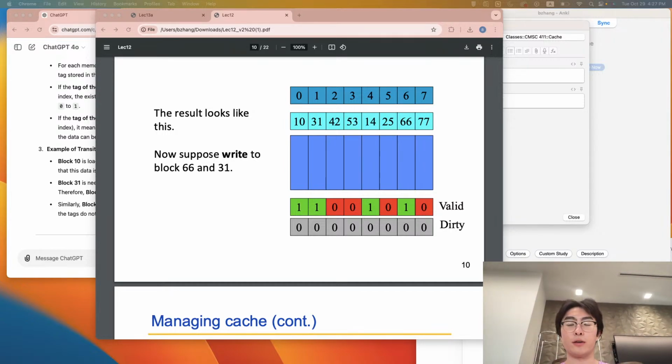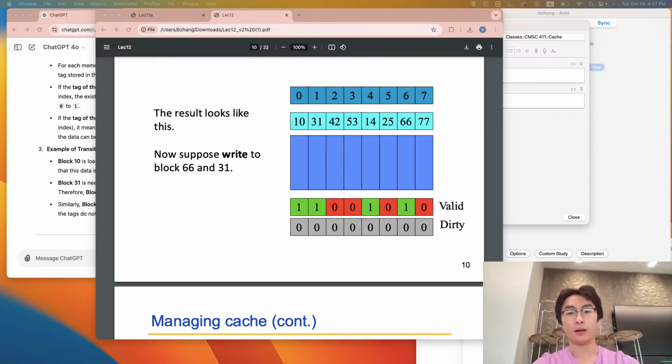So in this example we had a direct mapped cache, and I think that just means that every single block of data that you store in a cache is going to map to a single index or set.